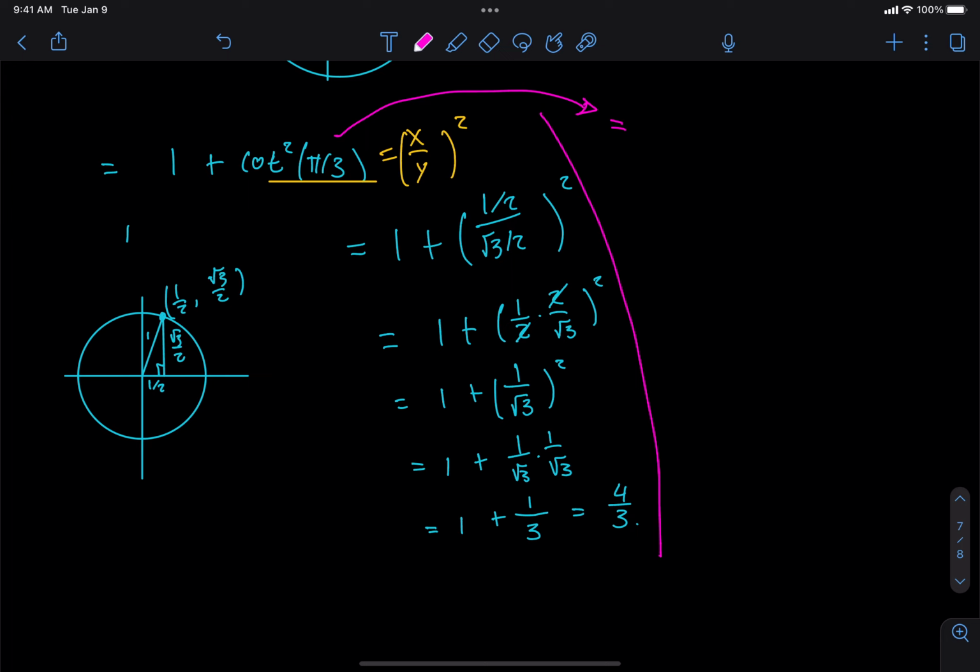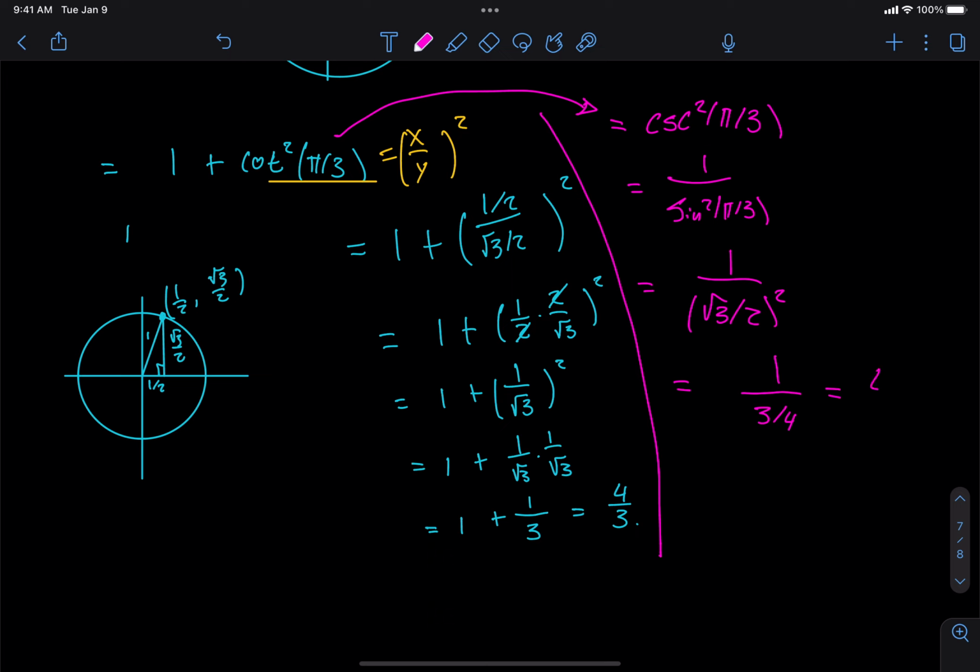I know that 1 plus cotangent squared of pi over 3 is equal to cosecant squared of pi over 3. So cosecant squared would be 1 over sine squared of pi over 3, which would be 1 over whatever the y-coordinate is, squared. 1 over the square root of 3 over 2 quantity squared is going to be 1 divided by 3/4, which would be 4/3. So two different ways of doing that.